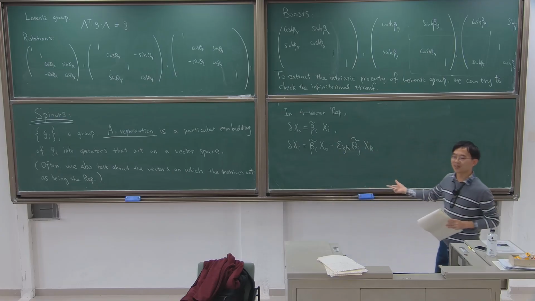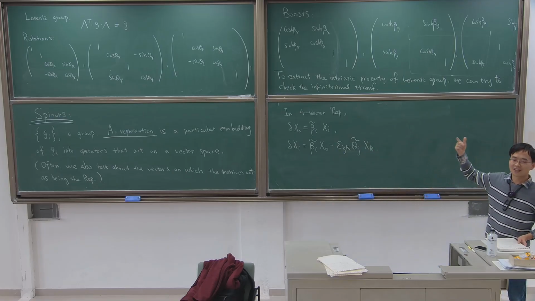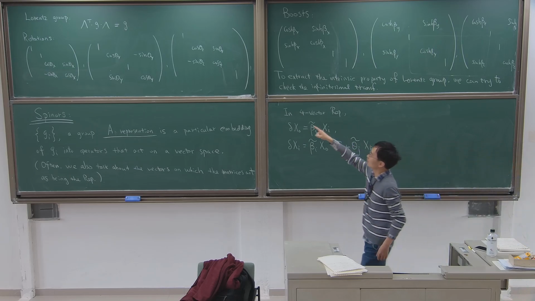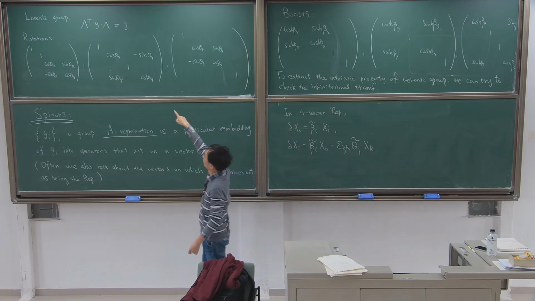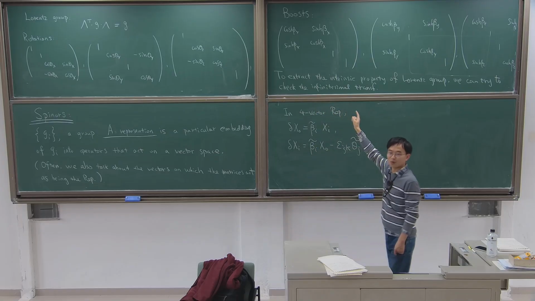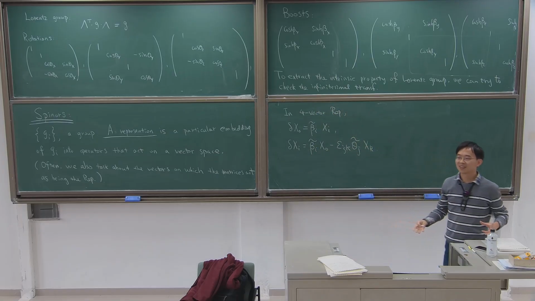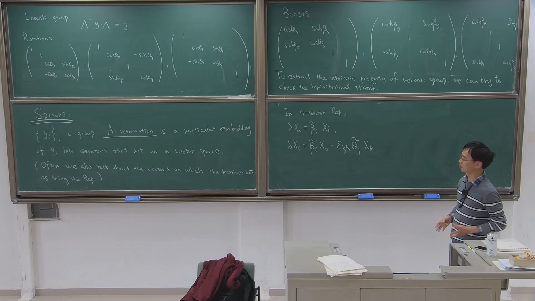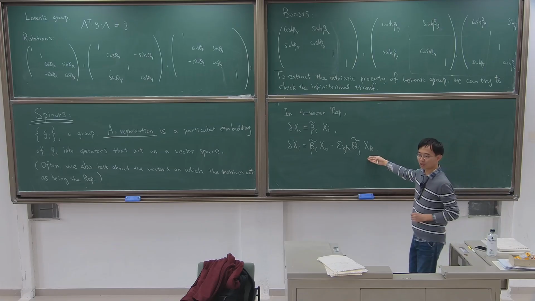This is a trivial exercise: you take the small parameter limit, or do a Taylor expansion, treating theta and beta as very small. You have the leading term, and you just read off the infinitesimal transformations.